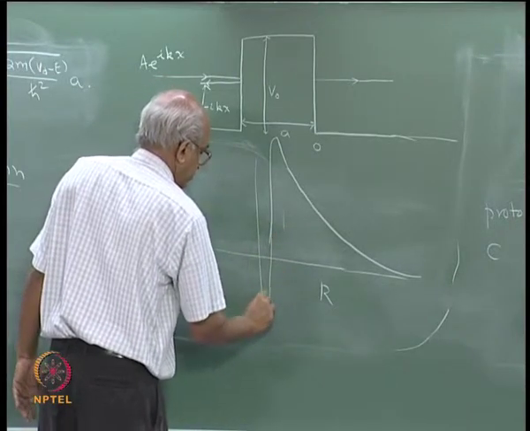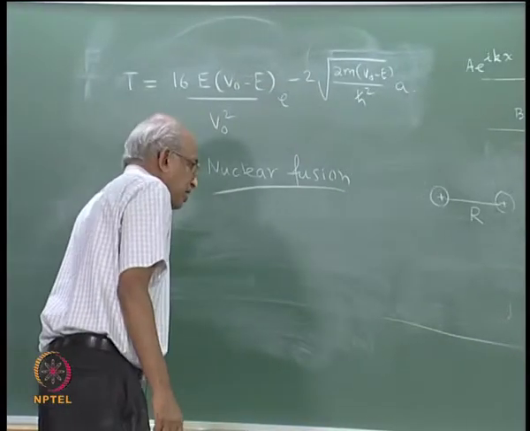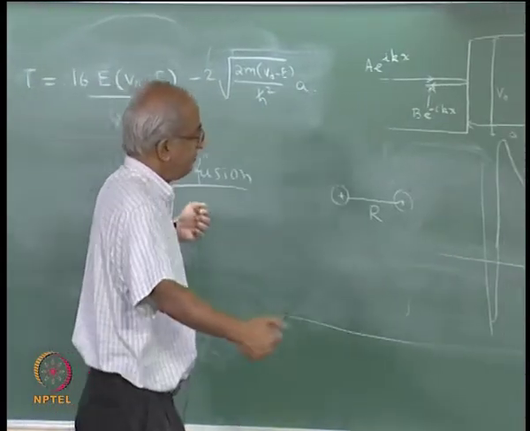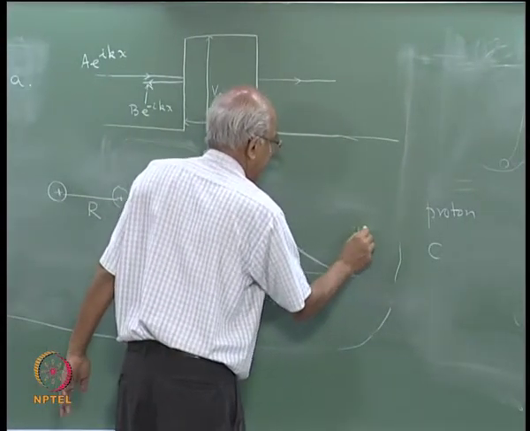Okay, it will turn around and come down, and therefore suppose you are bringing the two nuclei together with a kinetic energy of, let us say, that much.